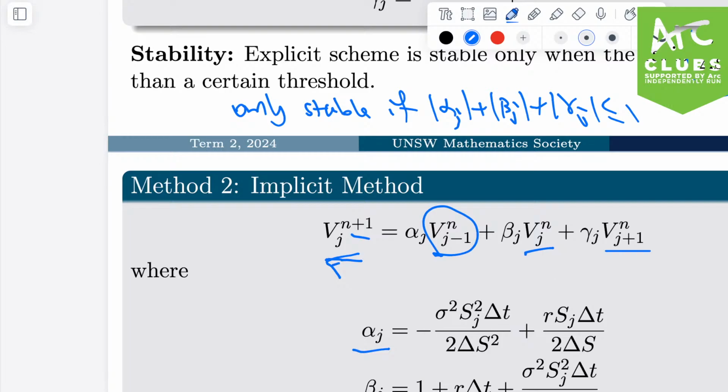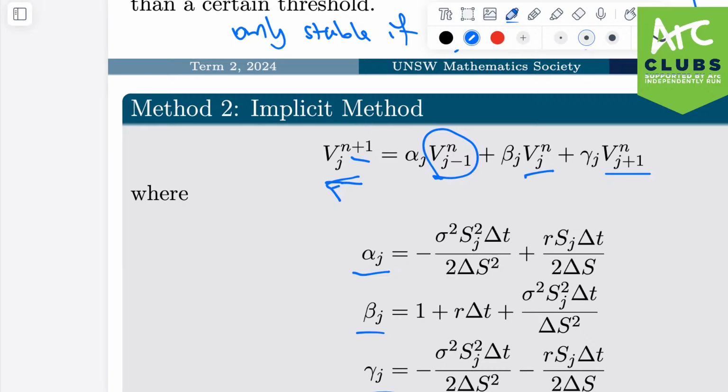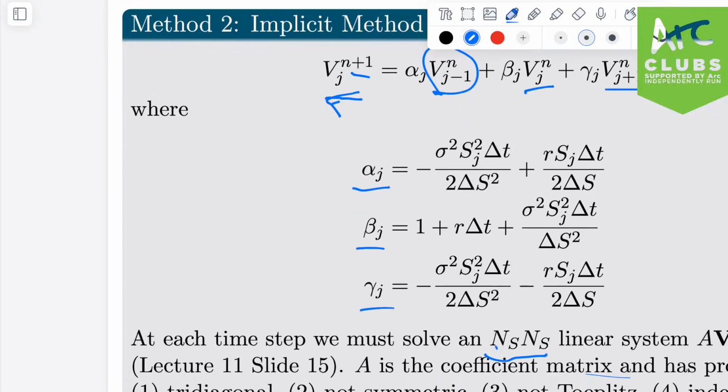It is not symmetrical, not Toeplitz, and it is independent of n. So it is quite hard to compute. But the implicit method is always stable. Again, I refer you to lab exercise 10, last week's lab exercise.